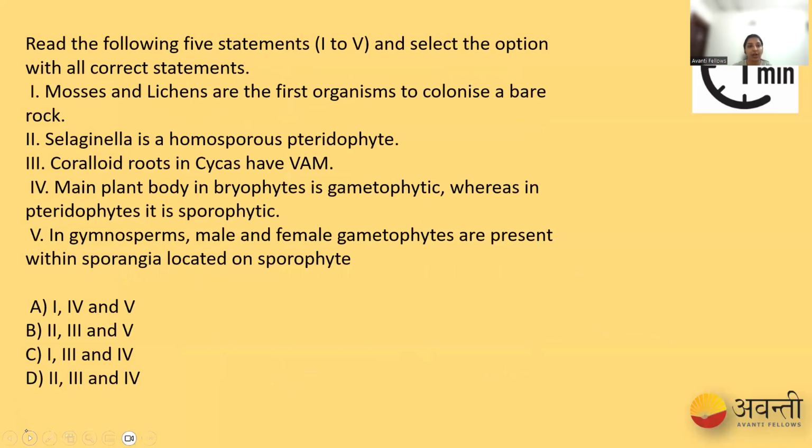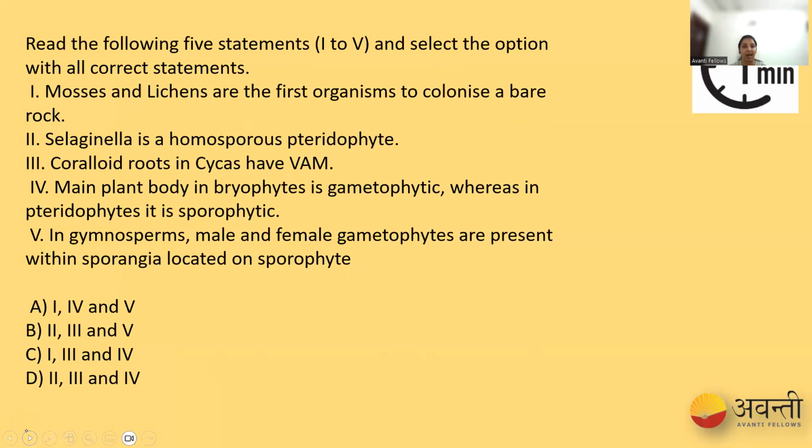Now moving to next, read the following 5 statements 1 to 5 and select the option with all correct statements. 1. Mosses and lichen are the first organism to colonize a bare rock. Statement 2 is Selaginella is a homosporous pteridophyte. Statement 3 is coralloid root in cycas has BGA.